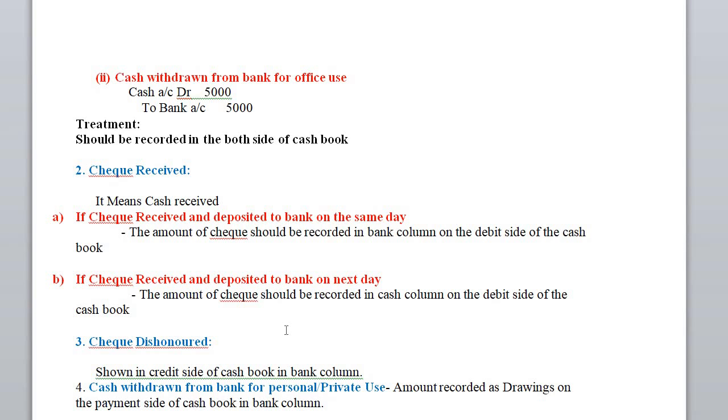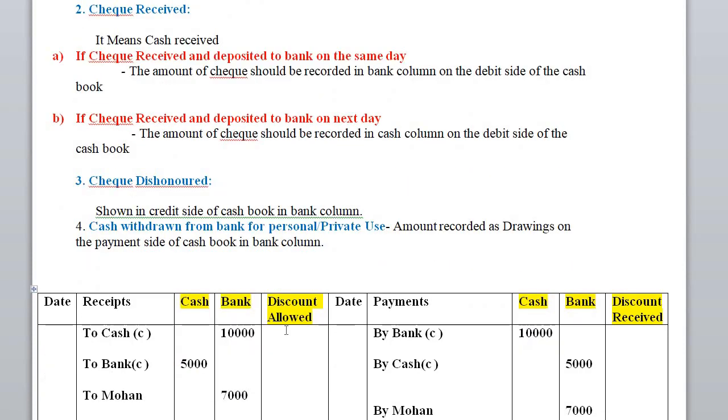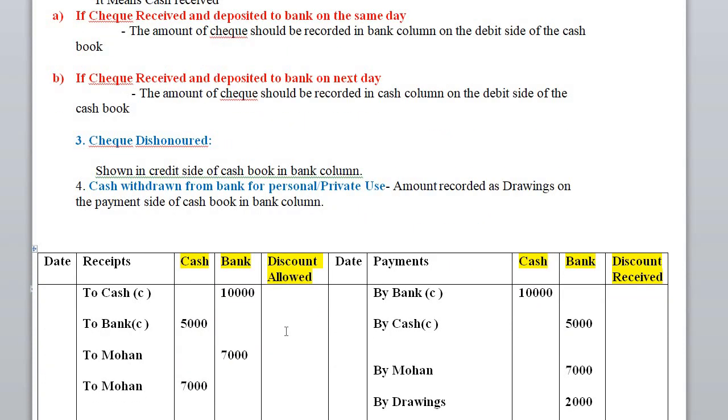For example, I may receive a check from Morgan for rupees 10,000. That check should be recorded on the same day, meaning the check amount should be recorded in the bank column, on the debit side, which means the receipt side of the cash book, directly.